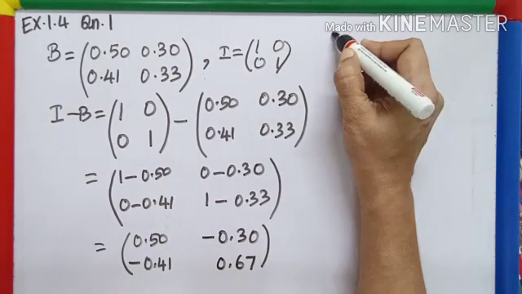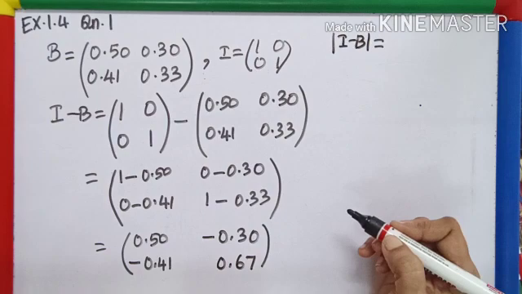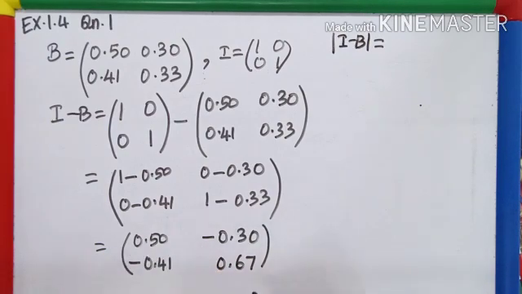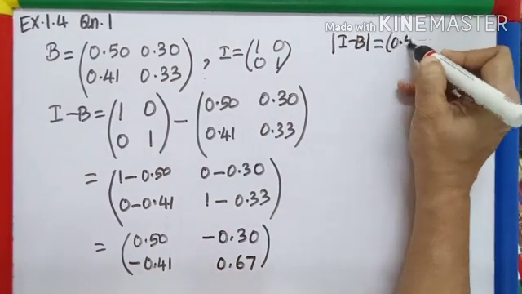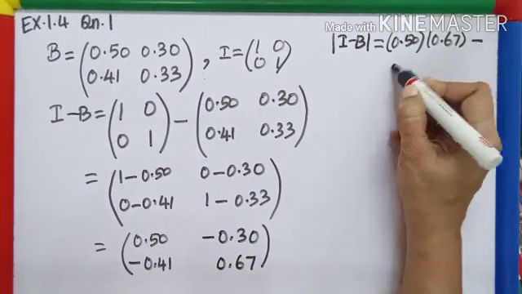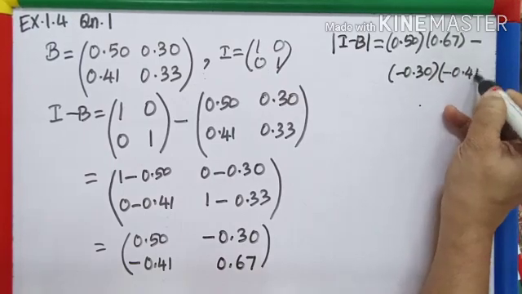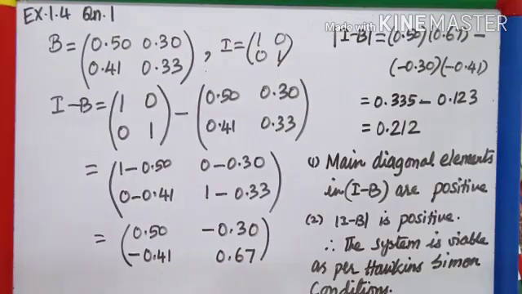Second, I need to find out determinant of I minus B. Determinant tells me multiply 0.50 into 0.67 minus 0.30 into minus 0.41.